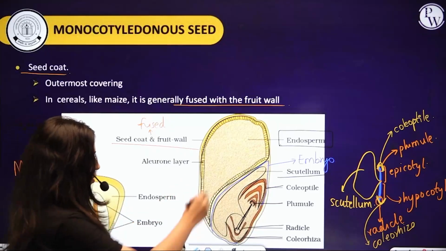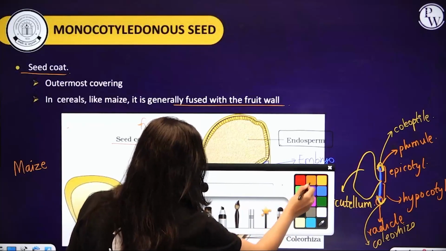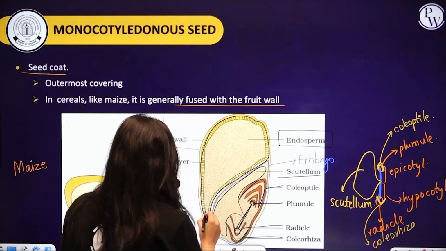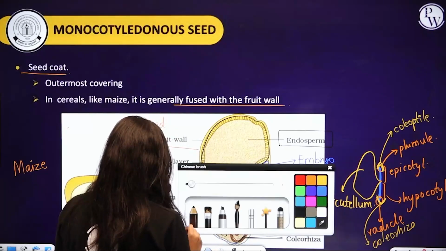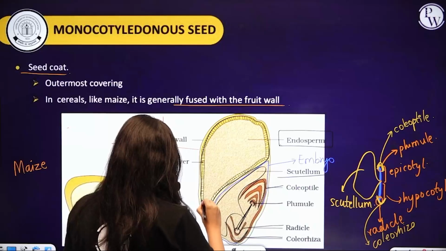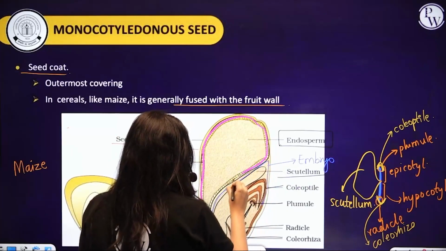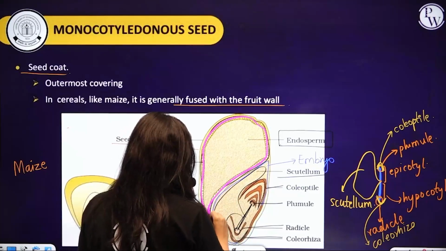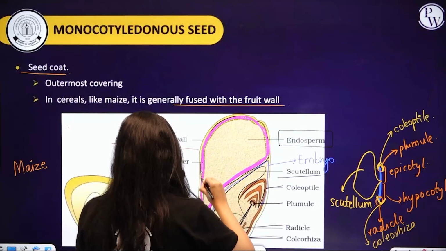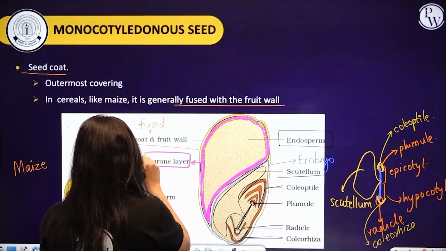Apart from this, you have the endosperm. In endosperm, the outer layer, this outer layer here, it is rich in proteins and it is called aleurone layer.